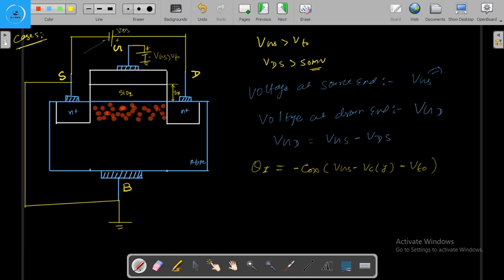The depth of the channel, or the charge, is decreasing as we are moving from source to the drain end.